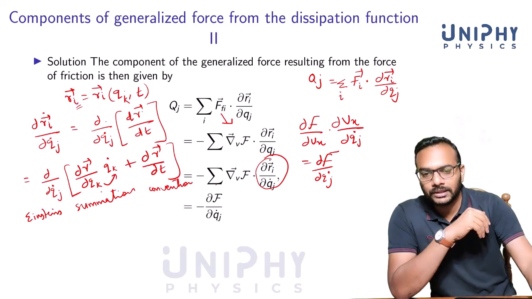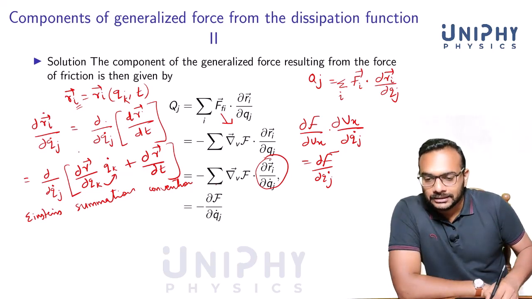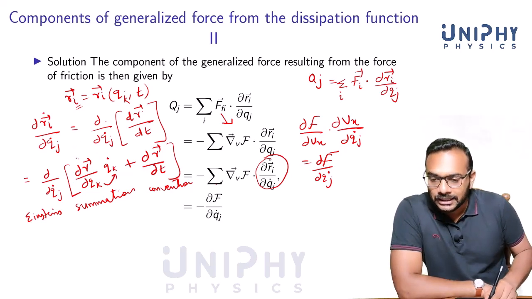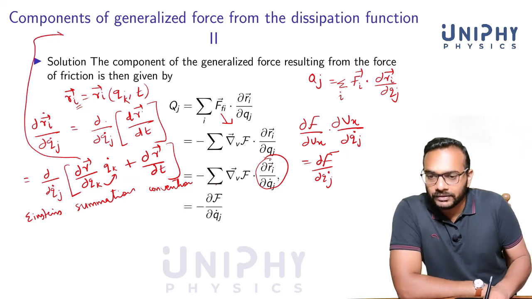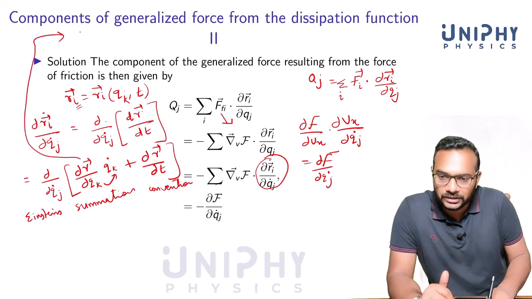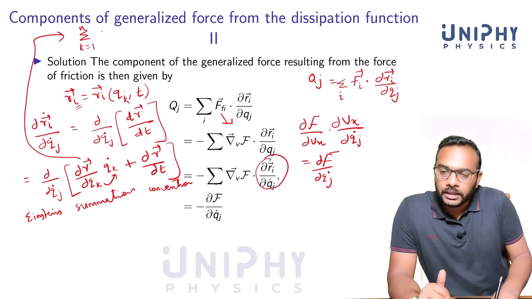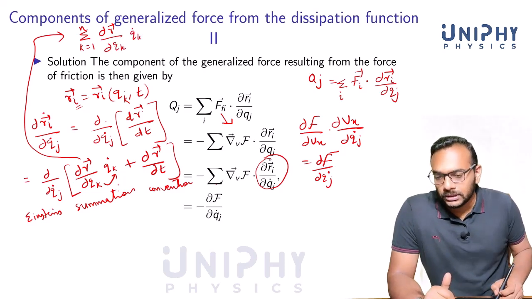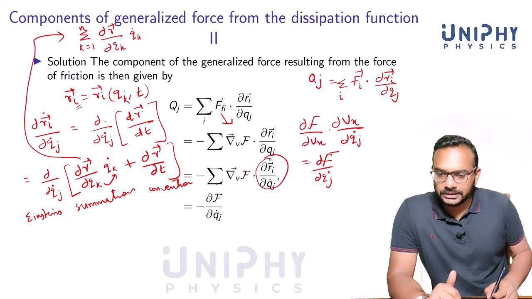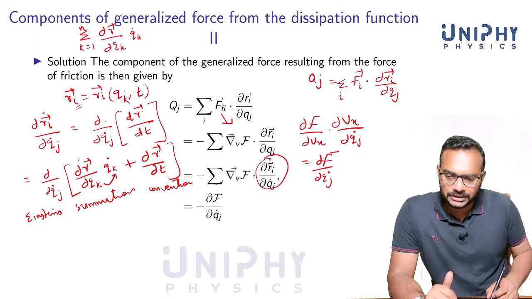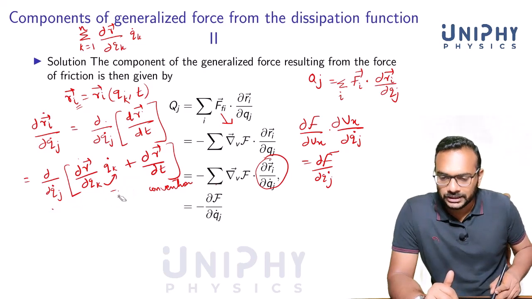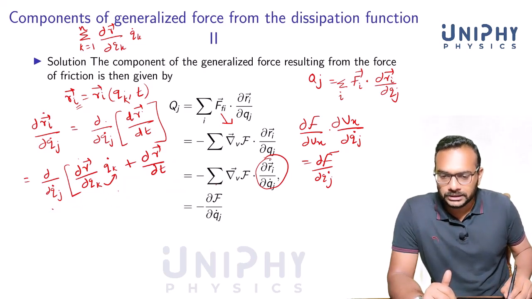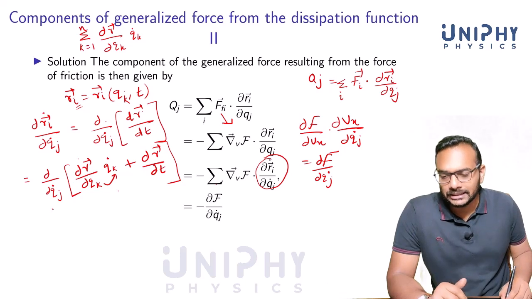So if you have something like this, because k is repeated, in Einstein's convention this means summation over k equal to 1 to n of ∂r vector/∂q_k times q_k dot. This is a nice thing by Einstein. In that way we can just drop the summation, we can save space and time. But you just have to be careful and you'll get used to this Einstein summation convention.